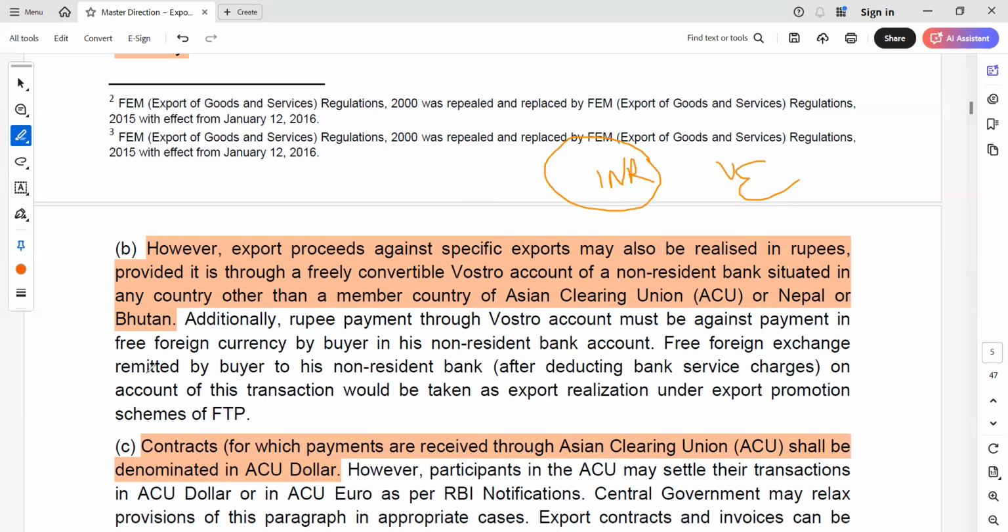Like above, we have studied that the invoice can be raised in any currency, but proceeds should be in freely convertible currency.